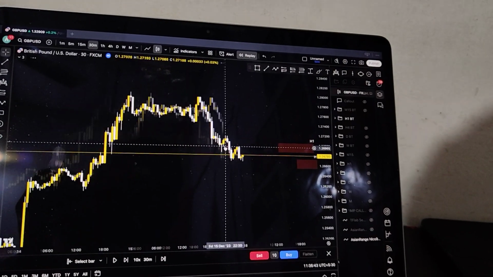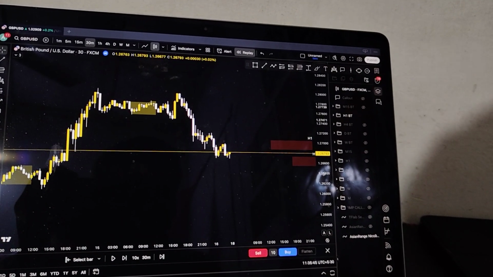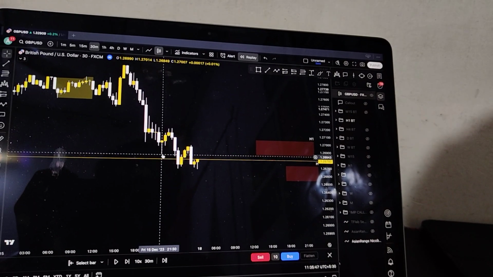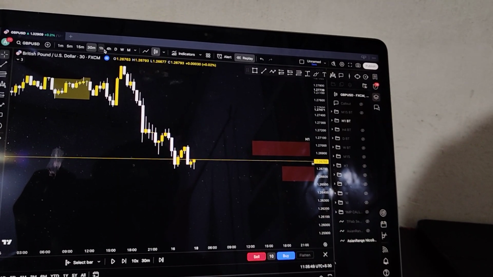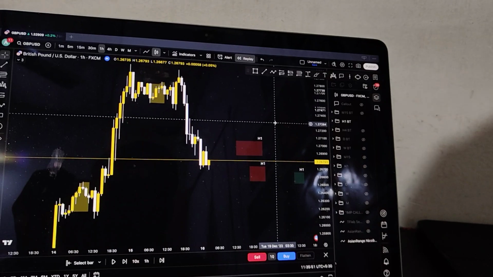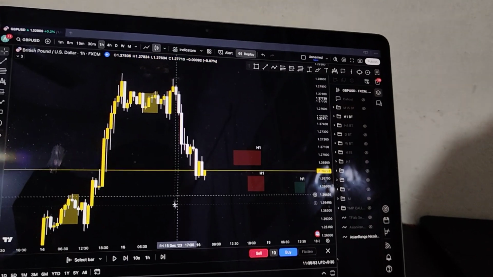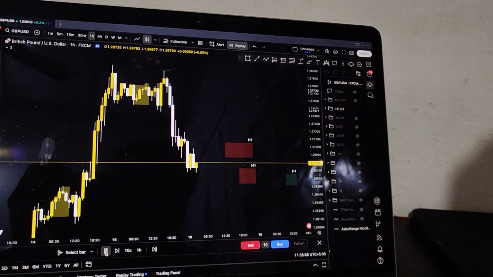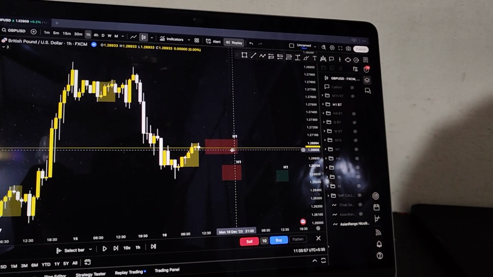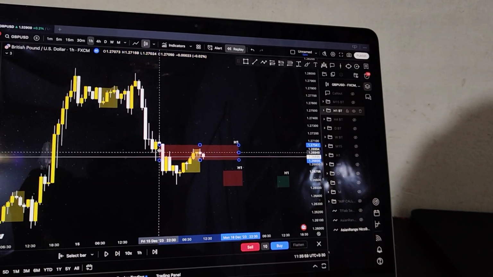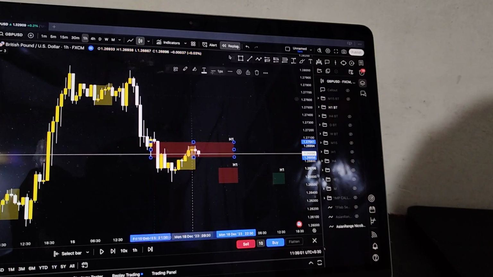So now I go to the M30 to look for something. On the M30 we finally get a change of character around here, so that would be my supply zone to trade from. I will not show you the lower time frames in the DXY because it will be a very big video.